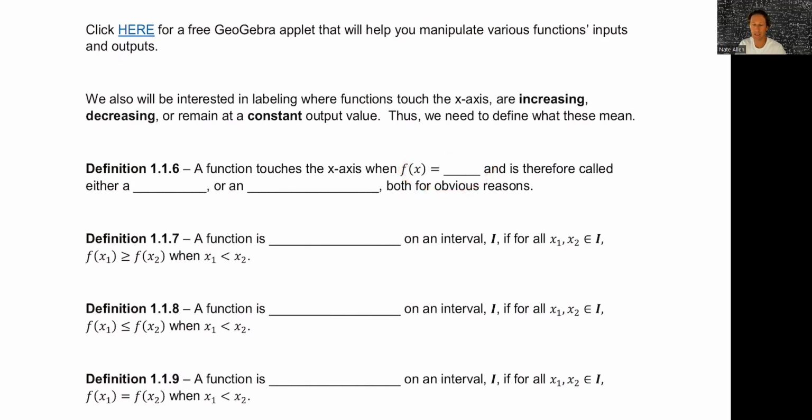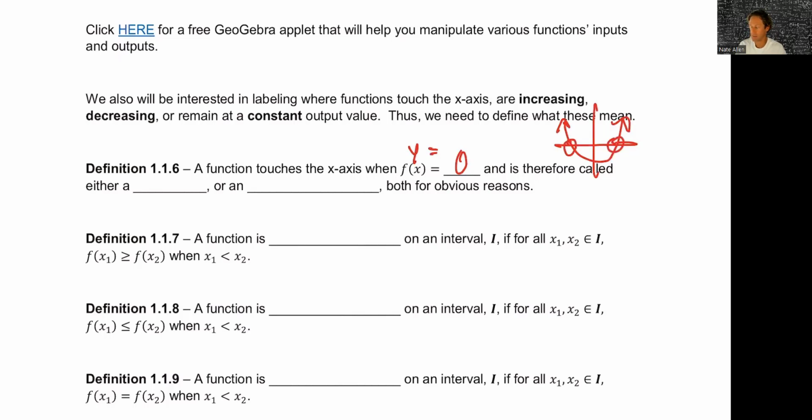So before we get to the increasing, decreasing, and constant, we want to talk about one special case. When we get what is called a zero. When our y value is equal to 0. What does that mean? Well, graphically, we know if we had, say, a parabola like this, it would be a zero there and there.